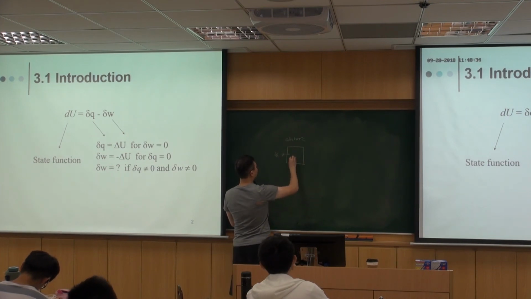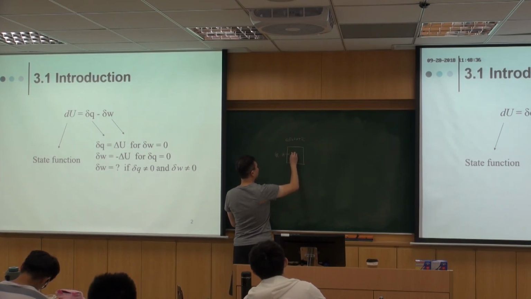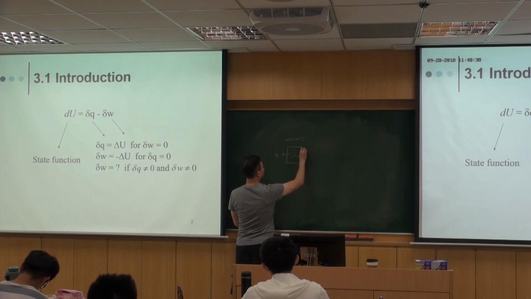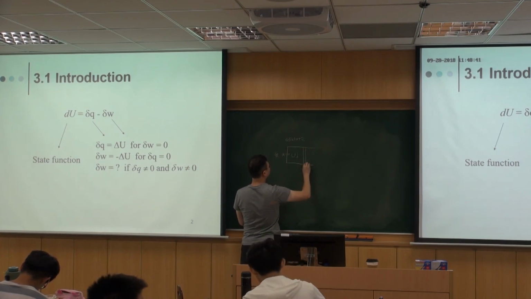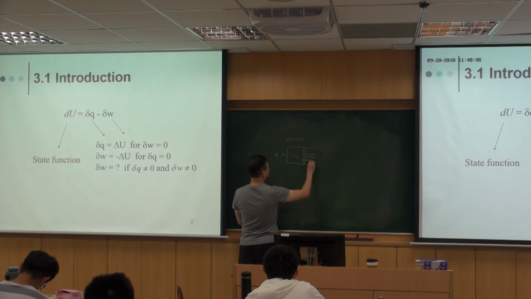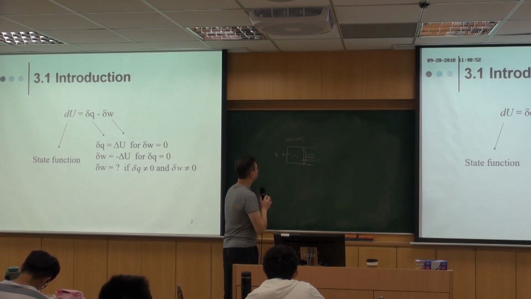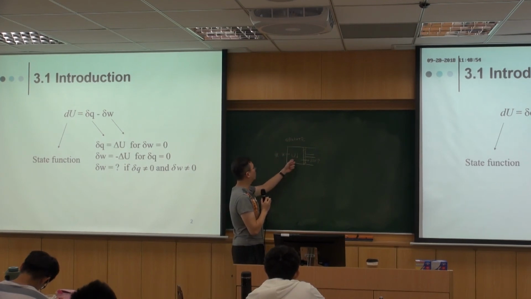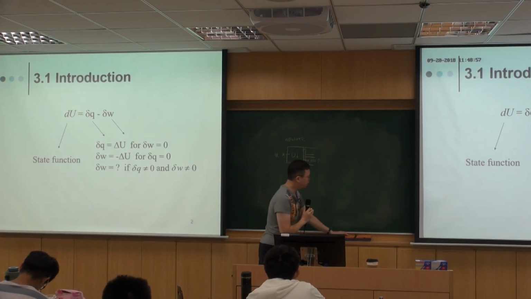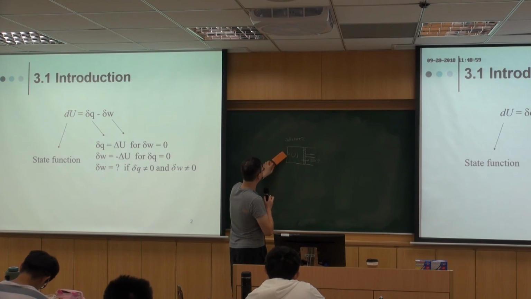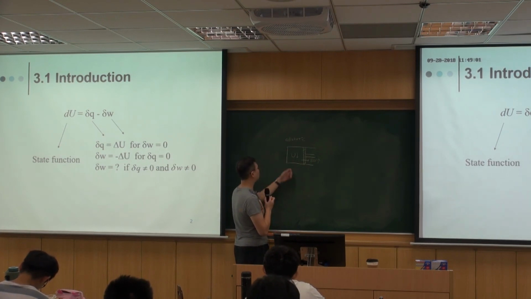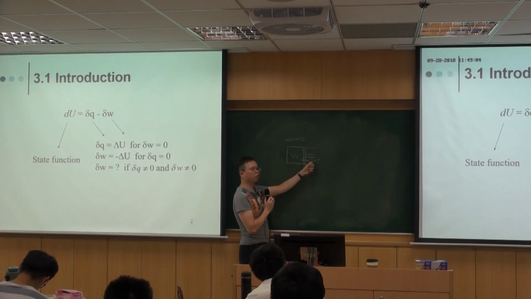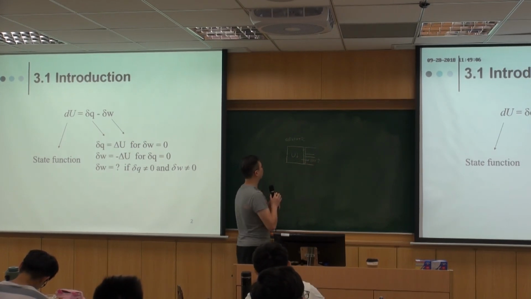So in order to do work, the internal energy will decrease, and we will do work by changing PDV. This will increase. So for an adiabatic process, there's no heat exchange, so the internal energy of the system should go down to do the work, right?